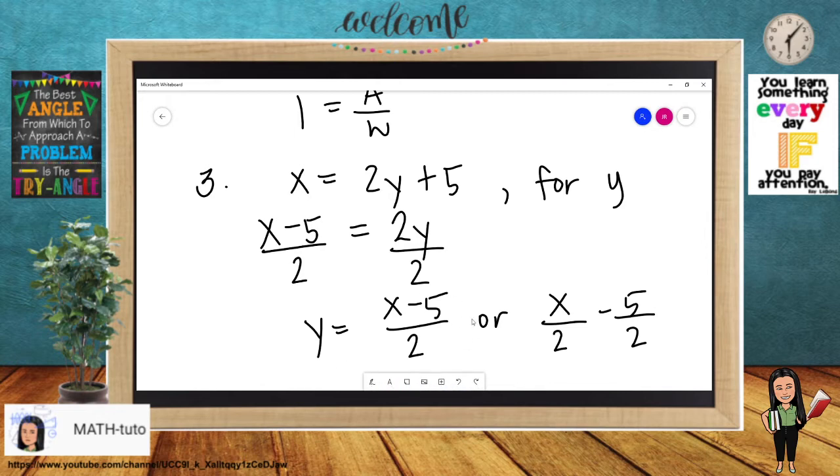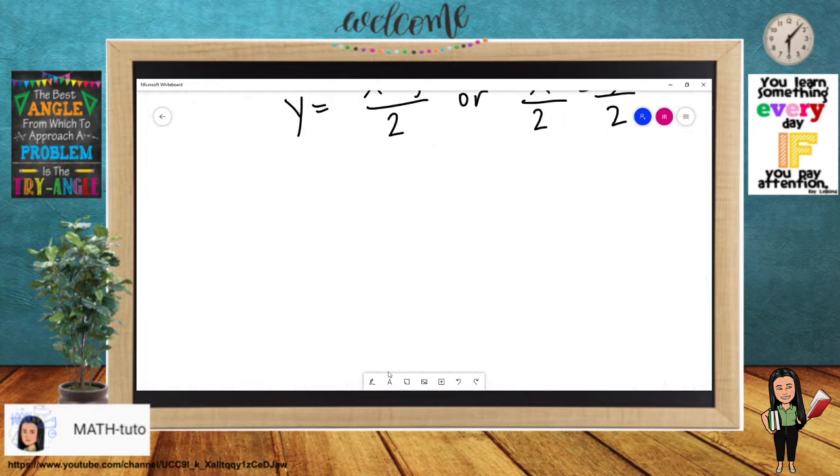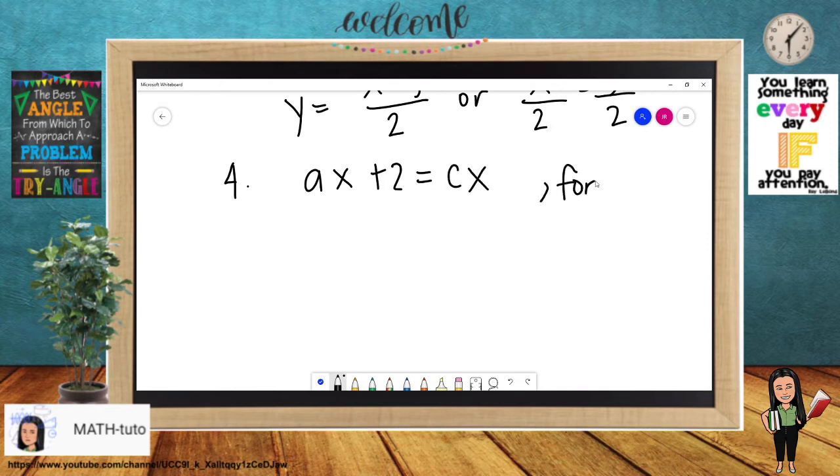Let us have another example. Number 4: ax plus 2 equal to cx. We are solving for a. So ax equal to cx minus 2.